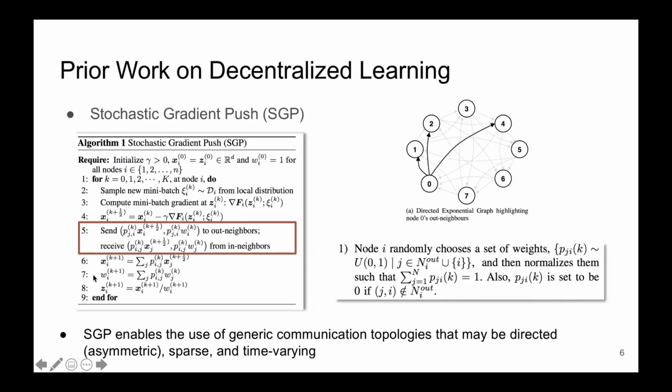After that, this will perform the approximate decentralized distributed average, and the gradient is evaluated using x_i^(k+1) divided by w_i^(k+1) here, which is the approximate average model.